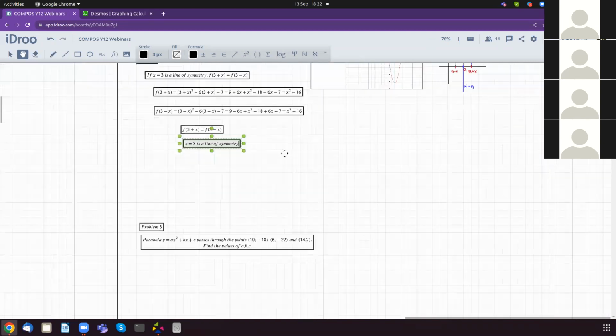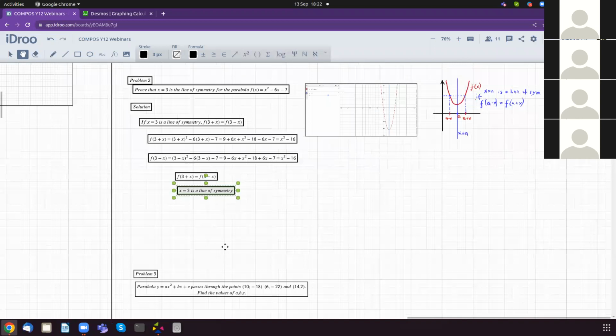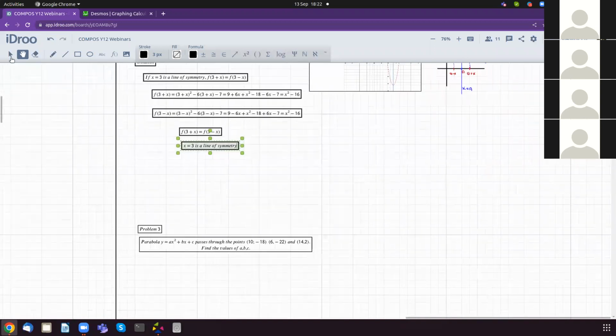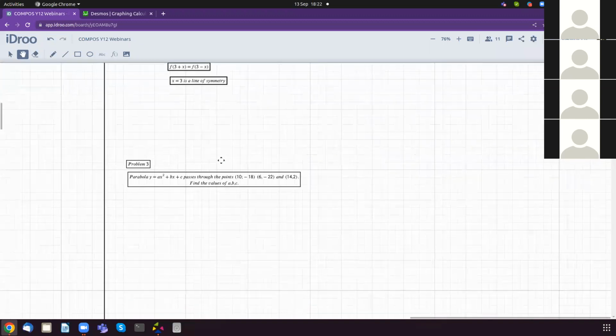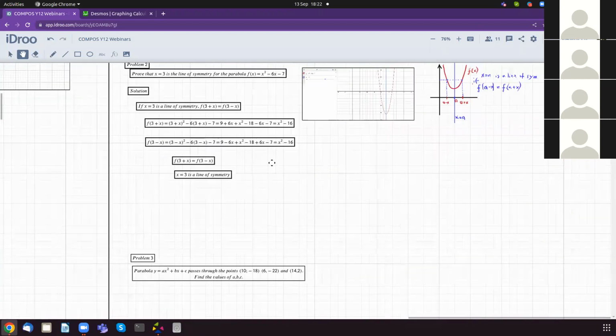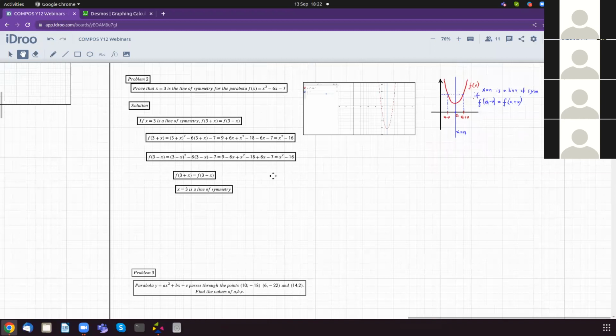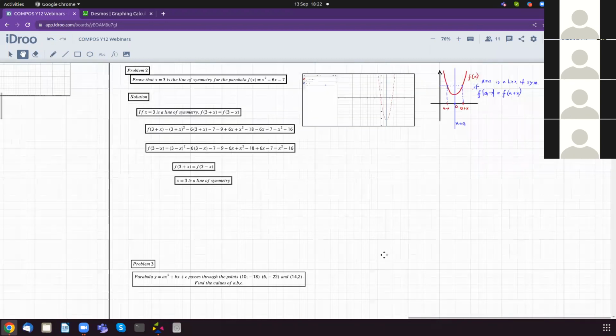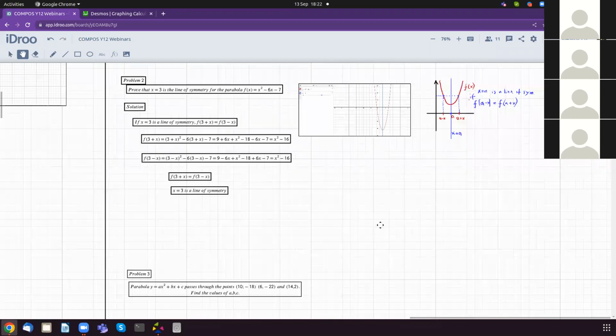You can also transform the graph and then see that the transformed version has a line of symmetry at x equals 0. I know I said before that there are many other ways, but I can't see elegant ways right now. This is the simplest general method. Of course, for any parabola, you can apply the properties of a parabola.